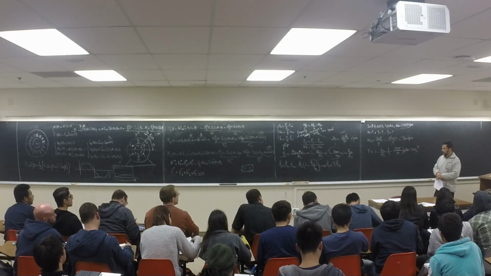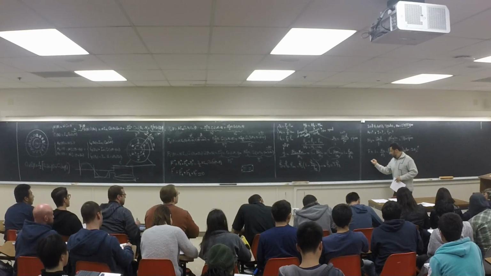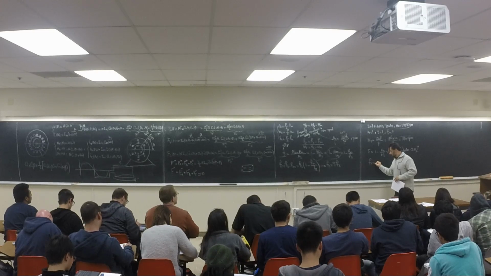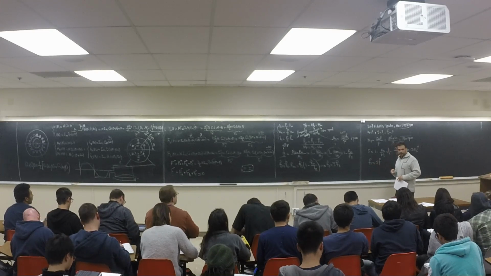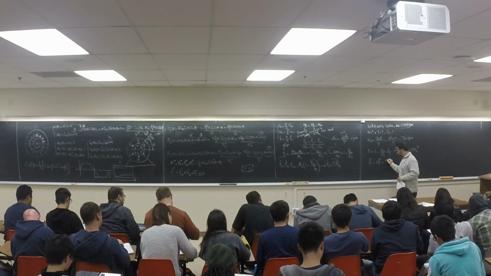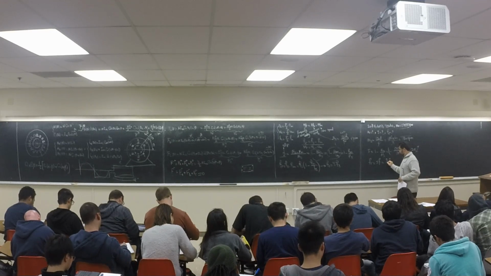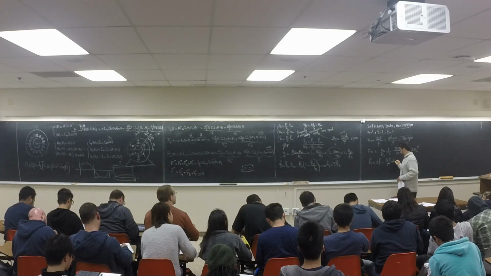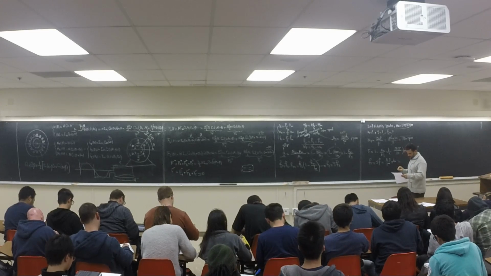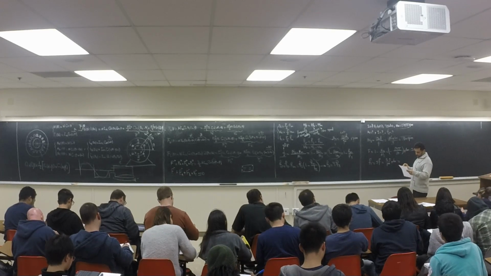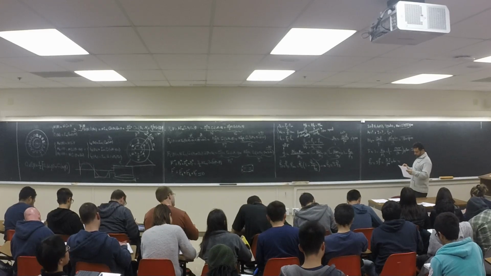How much is the frequency of the current in the rotor winding? It's s times f, right? So 2.5% times 60 hertz. This one is going to be about 1.5 hertz.